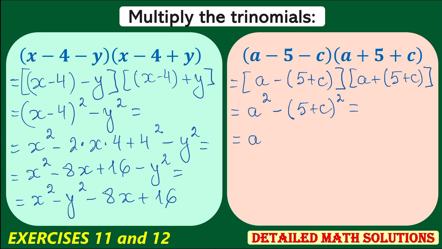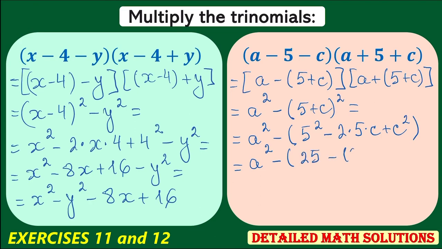This simplifies to a squared minus 5 squared plus 2 times 5 times c plus c squared in parentheses, which equals a squared minus 25 plus 10c plus c squared.